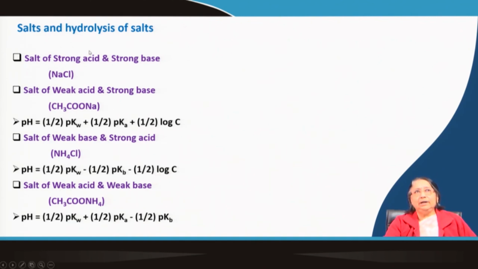When the salt comes from a strong acid and strong base, for example NaCl, if you put some NaCl in water, what should be the pH? It is neutral pH.